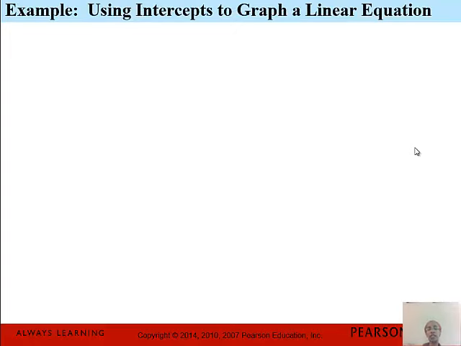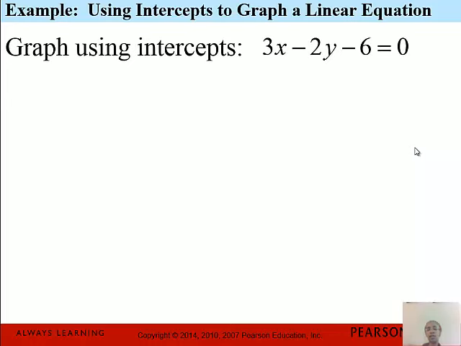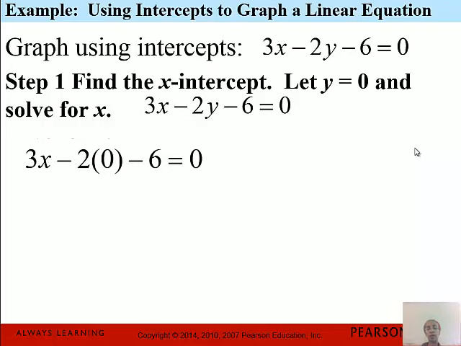So let's look at an example of using intercepts to graph a linear equation given in general form. 3x minus 2y minus 6 equals 0 is our equation. First step is to find the x-intercept. We do that by letting y equal 0 and solving for x.